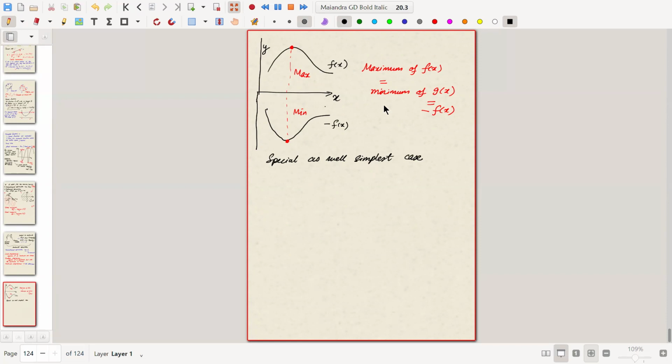So take this for now: x and y are real numbers, and function f is also going from real to real. See any constraints here? No. So it's an unconstrained optimization problem, and it is on 1D. So this is a 1D unconstrained optimization problem.